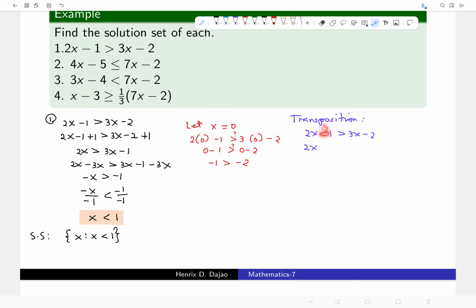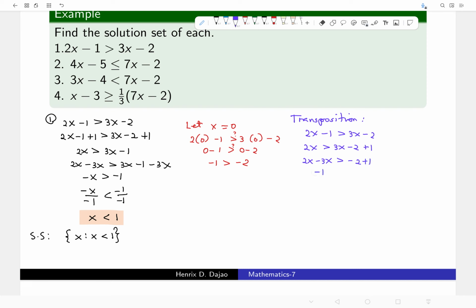So from negative becomes positive. Now this becomes greater than 3x minus 2 plus 1. And similarly, if you transfer this to the other side, since this is positive, this will become minus 3x. So this becomes 2x minus 3x greater than negative 2 plus 1.